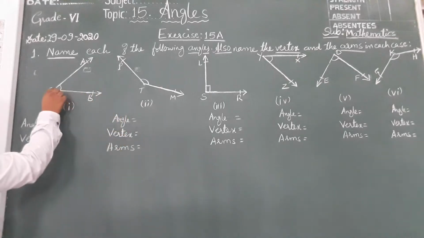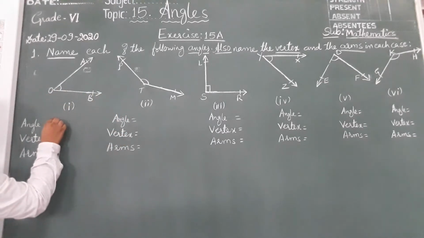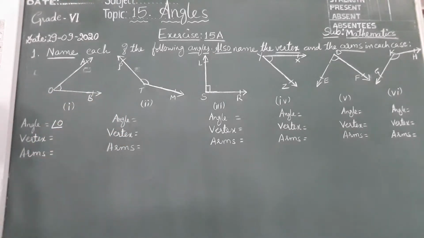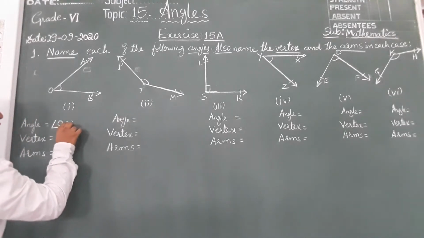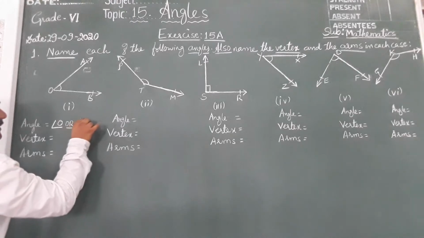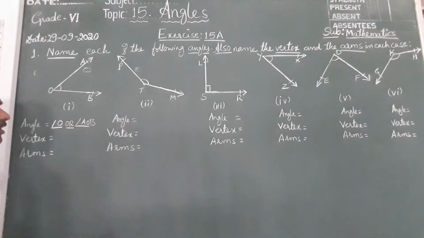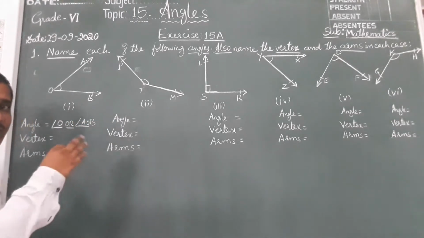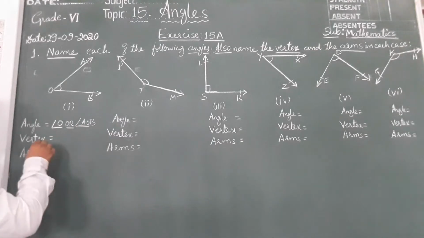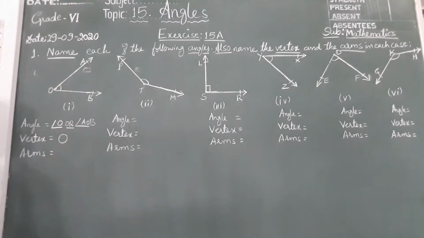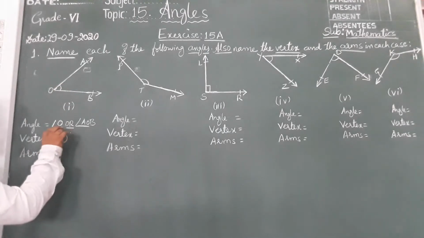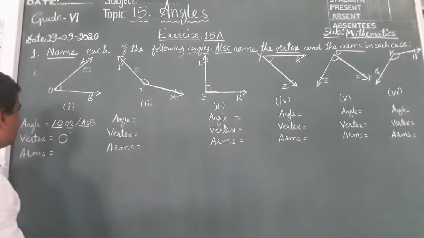So angle here is angle O, I am sorry, angle O, or you can write AOB, or you can write BOA. Okay, vertex is this meeting point, it is called vertex. O is the vertex.